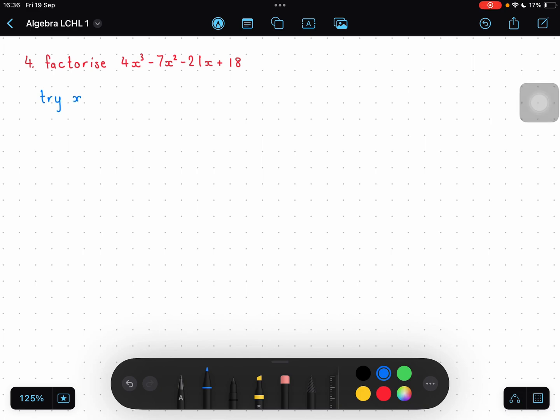So if x is 2. Okay, so let's try that. So my function is going to have x subbed in as 2 and everything else is going to be carried down.